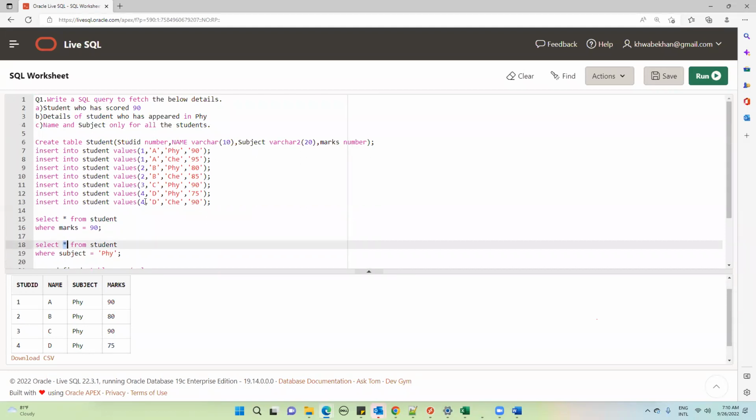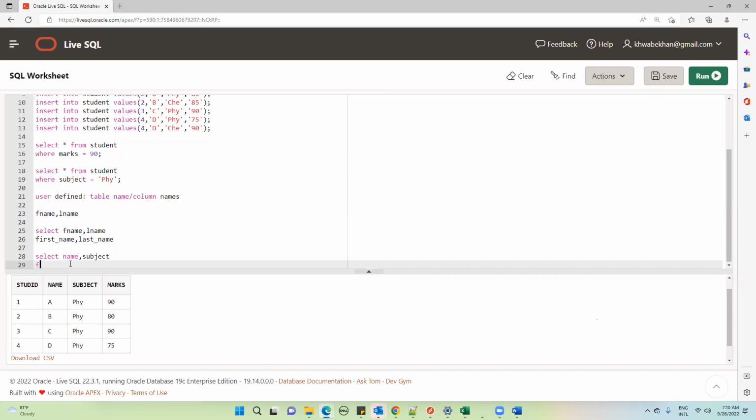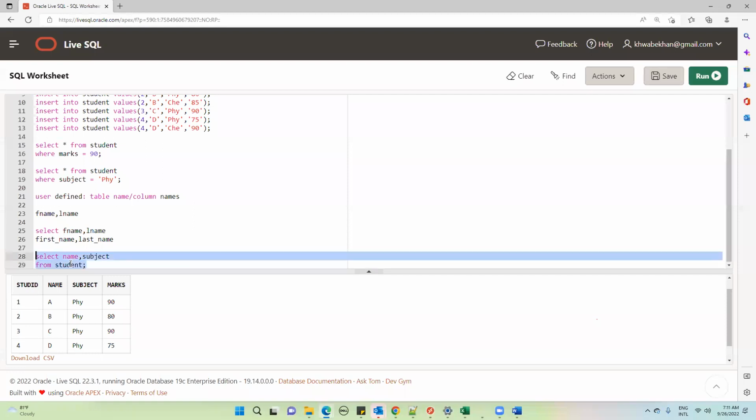You're interested in name and subject, so just write select name, comma, subject, and then from the table name. What is the table name? Student. That's all. When you run this query, the SQL engine will see that the user wants only name and subject from this table, so it will display only name and subject. Now see, only name and subject is displayed here. Hope it is clear.